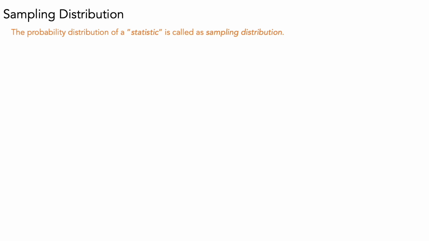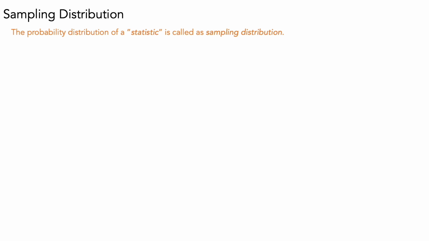Now the process of choosing a sample from the population is called sampling. We can perform sampling from a population that follows a normal distribution, or Poisson, hypergeometric, or binomial, or whatever distribution it has.